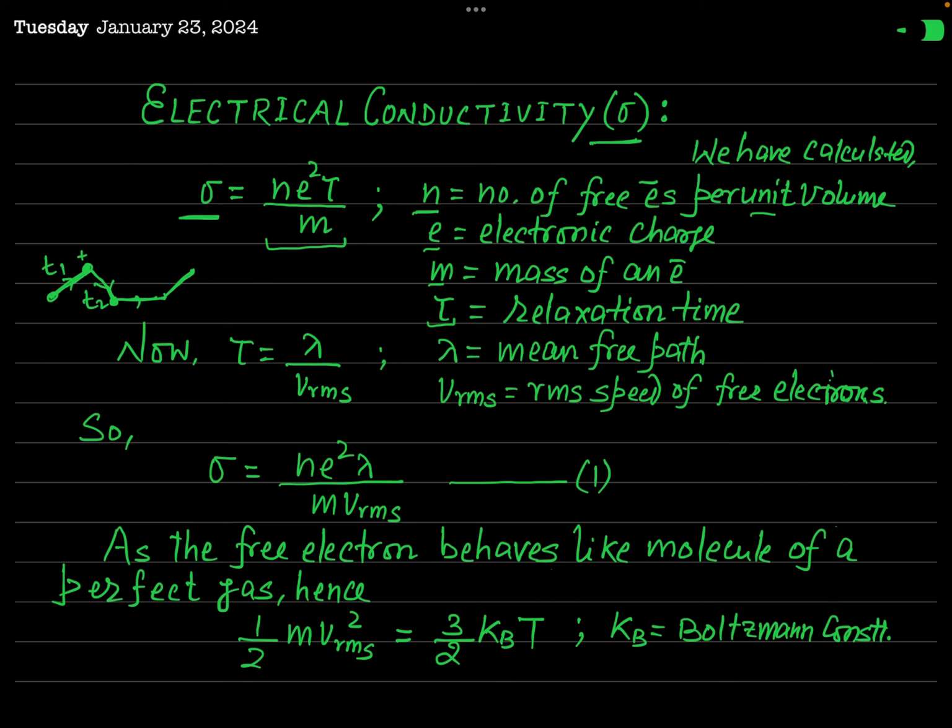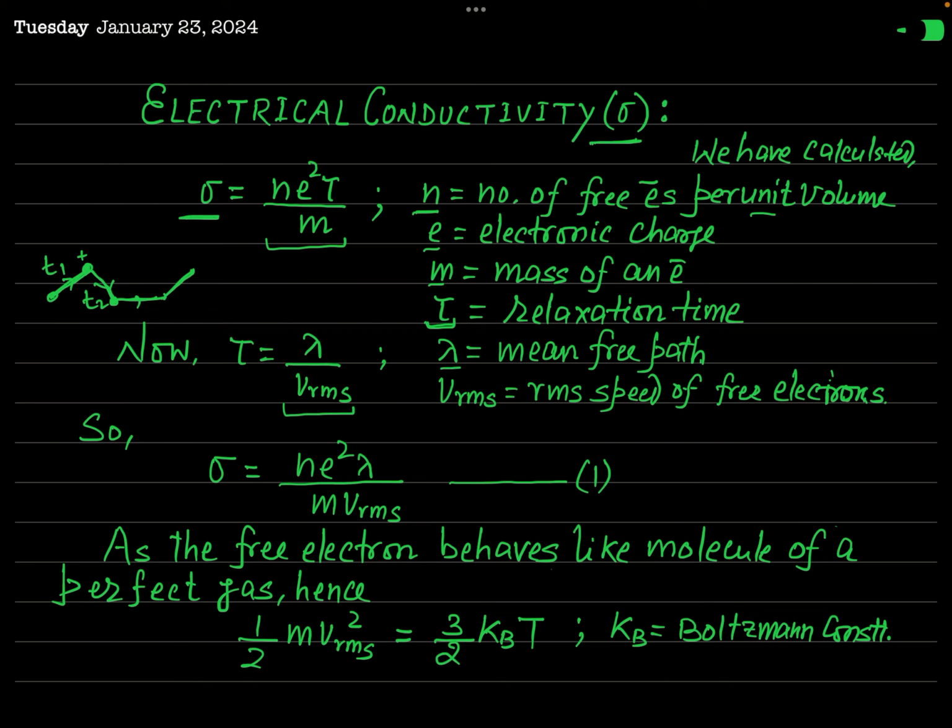When you take the average of the time taken between two successive collisions, you get the value of tau. So tau is the average value of time per collision, and this is called the relaxation time. You have also seen that tau is equal to lambda over Vrms. All these things we learnt in our previous lecture.